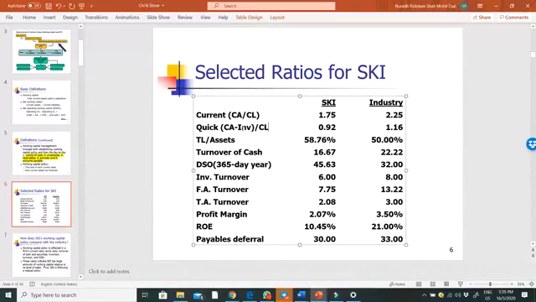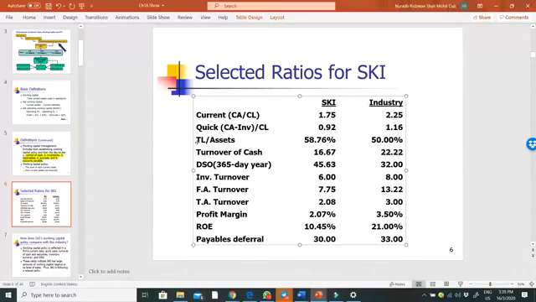It is very difficult to convert inventory, especially work in progress. Here the quick ratio is very low. When it is below 1, it is saying that when your short-term obligations come due, you may not be able to pay them.